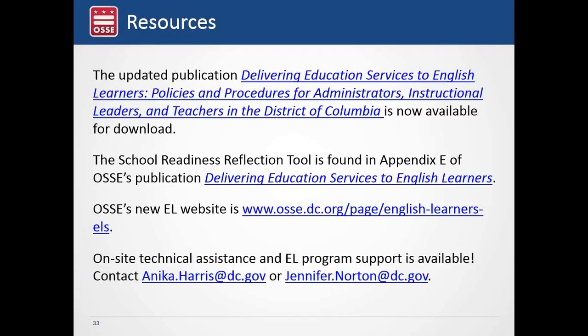You'll also find within that publication at the end is Appendix E. We have a school readiness reflection tool. So if you're an administrator or an English learner coordinator concerned with the design of your EL program, we have a tool now available to you to think about where you stand. Is your program well-rounded and balanced, or is there some work for you to do? You can use that tool as a worksheet of sorts.